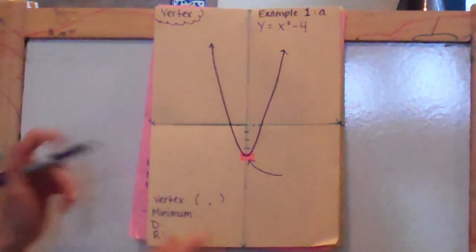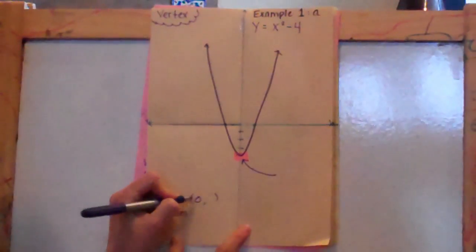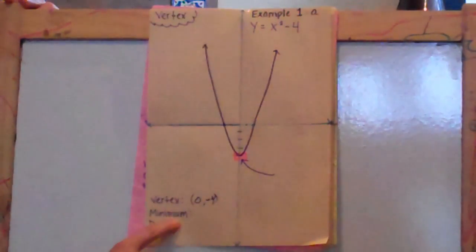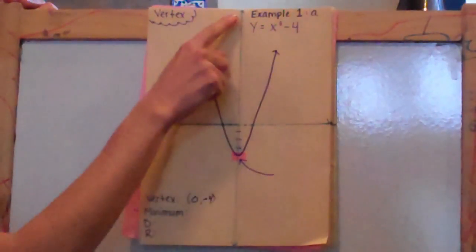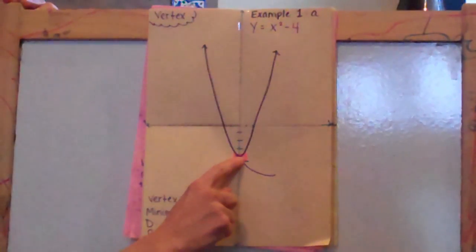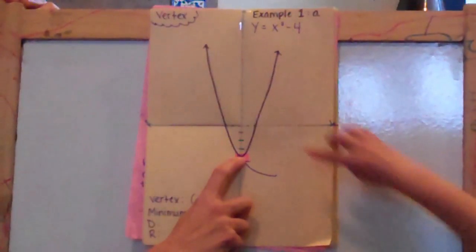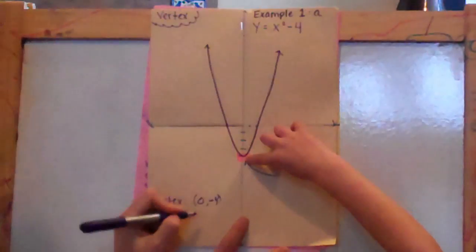So the first part of this problem will be 0, -4. Now there's a minimum or a maximum depending on the parabola. This one has a minimum. As far down as it will go. That's the minimum number your y can actually be, which is -4.